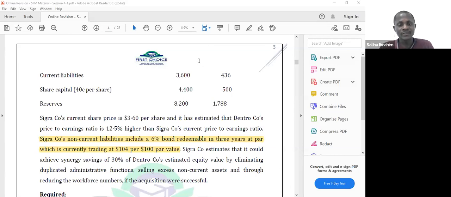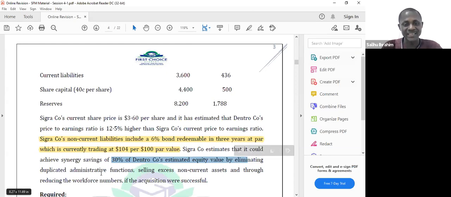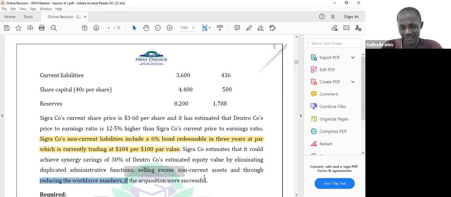So let us continue. Sigraco estimates that it could achieve synergy savings of 30% of Dentroco's estimated equity value by eliminating duplicated administrative functions, selling excess non-current assets, and through reducing the workforce numbers, if the acquisition were successful.